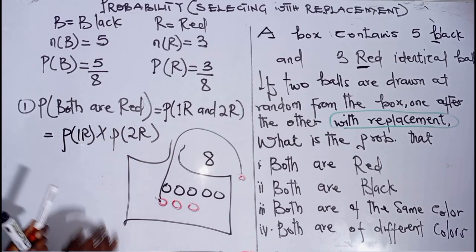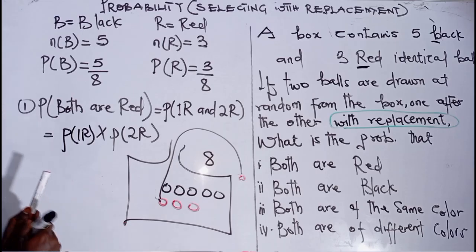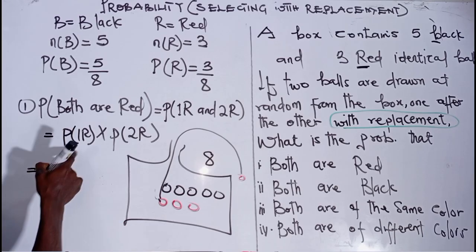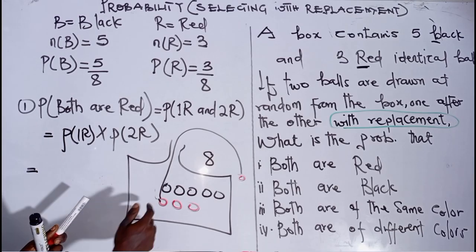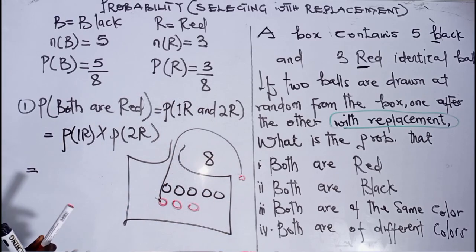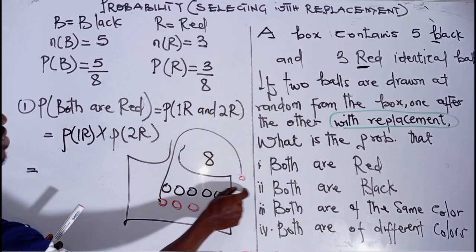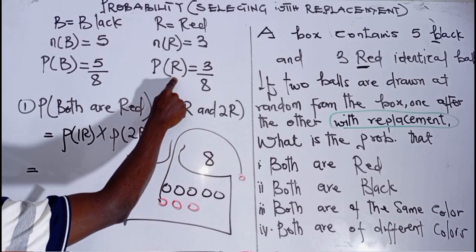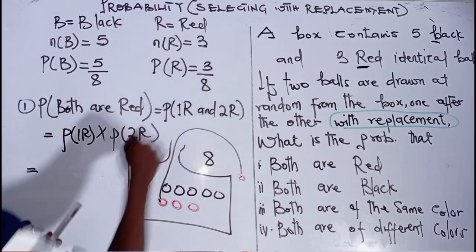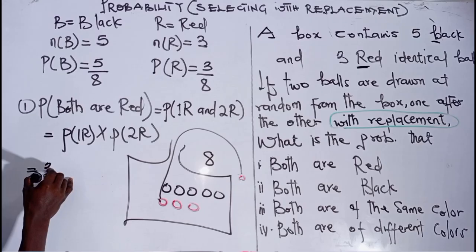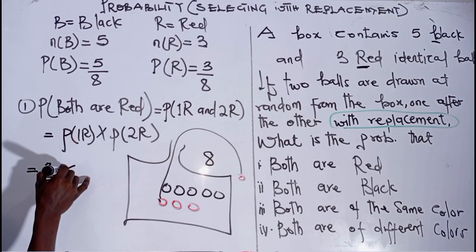Now we are just going to plug in their probabilities. The probability of taking a red ball from the box when we pick the first one is 3/8, multiplied by.